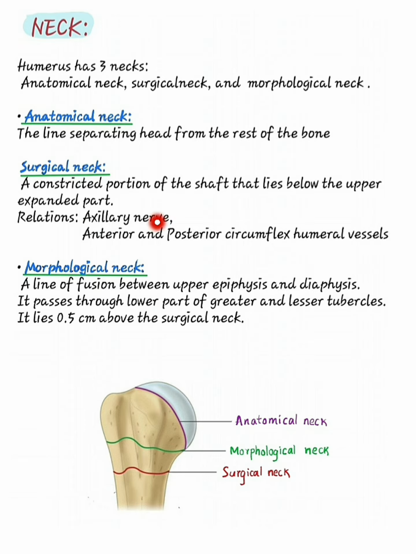Relations: surgical neck is related to axillary nerve, anterior and posterior circumflex humeral vessels. Morphological neck is a line of fusion between upper epiphysis and diaphysis.